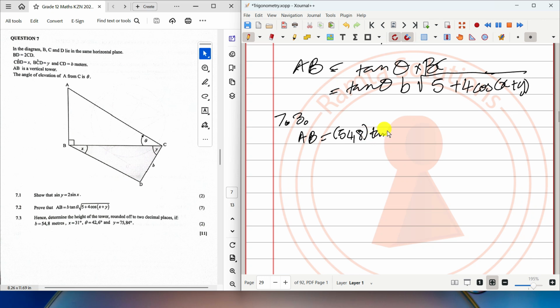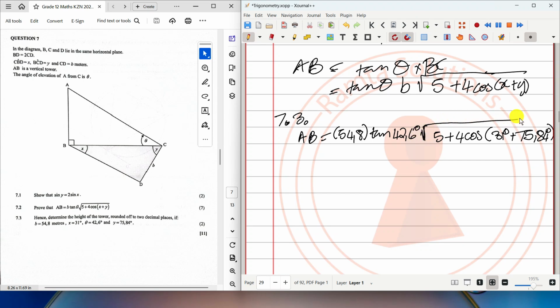Theta is 42.6 degrees. And then X is 31 degrees. Y is 75.84 degrees, close. So this one is under a square root.